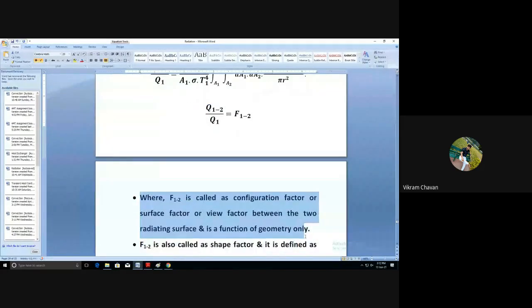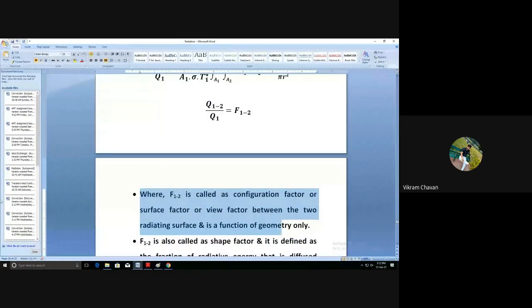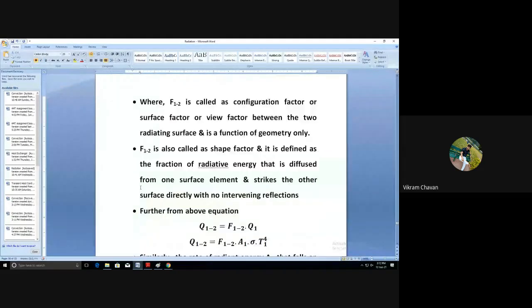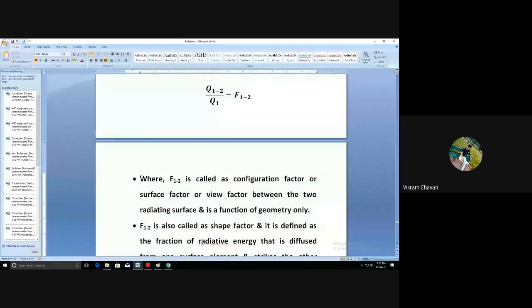So you can write, where F1 to 2 is called as configuration factor or surface factor or view factor between the two radiating surfaces and is a function of geometry only.